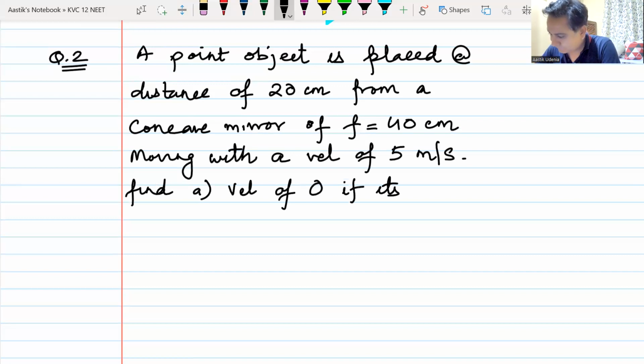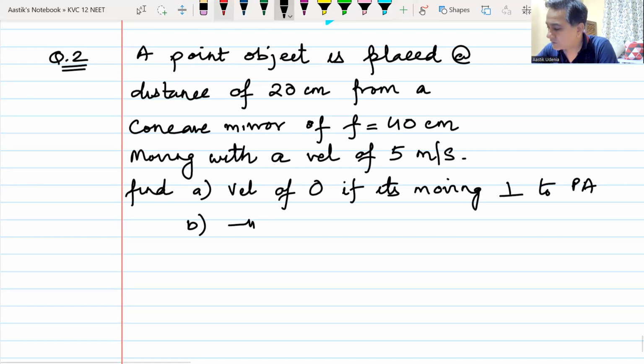Sir, once can you go to the previous question? Yes, I understand. Yeah, I understand what you're going to say, because as soon as I write 5 meter per second, I remember I made a mistake there. Velocity of image if it is moving perpendicular to the principal axis, not velocity of O, it should be velocity of image. Then velocity of image if it is moving parallel to the principal axis.